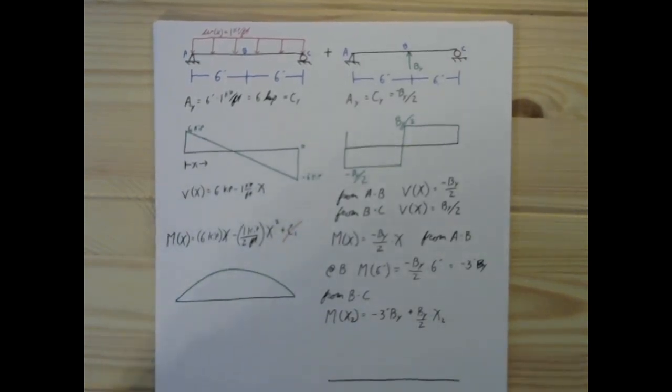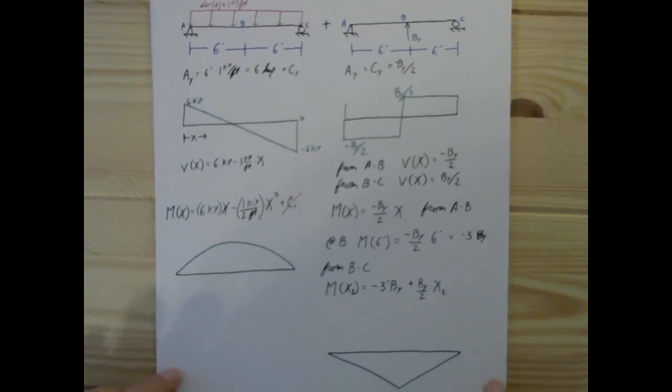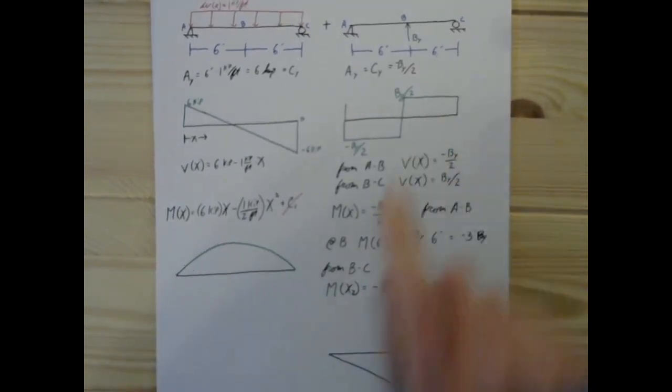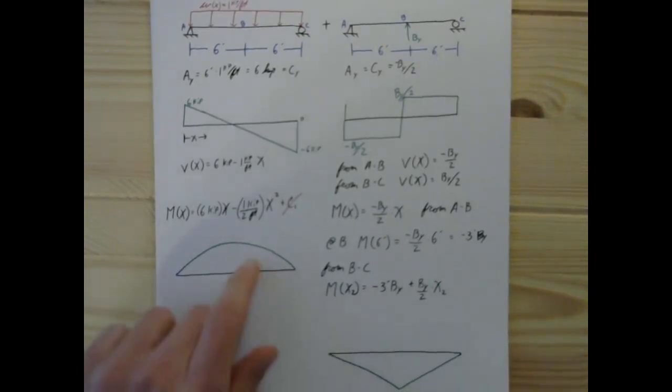And for this one, it's going to look like this, all linear. No, you can't see that, but it's the derivative of that, or the integral of that, excuse me. Now on to finding the rotation using these moments.